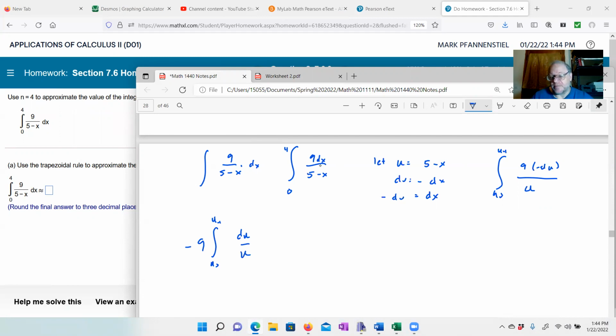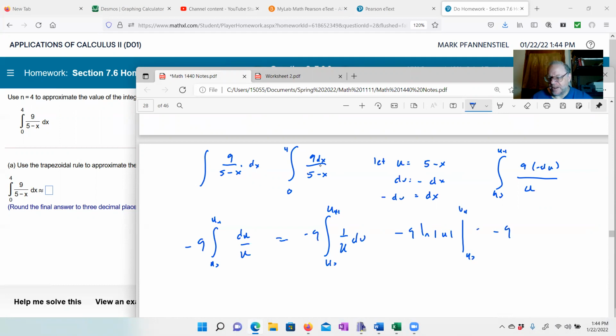You can write it like this, but I'm usually used to writing it with the limits from u(0) to u(4). That's just how I learned it, and it doesn't matter which way. So this is just negative 9 natural log u, from u(0) to u(4).